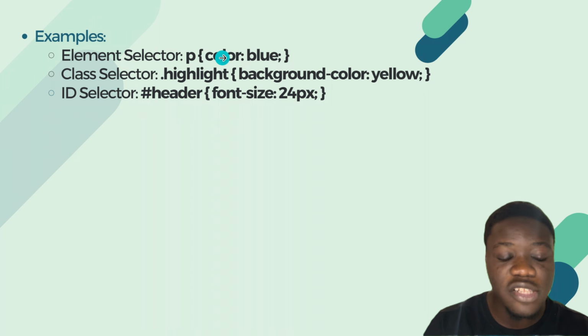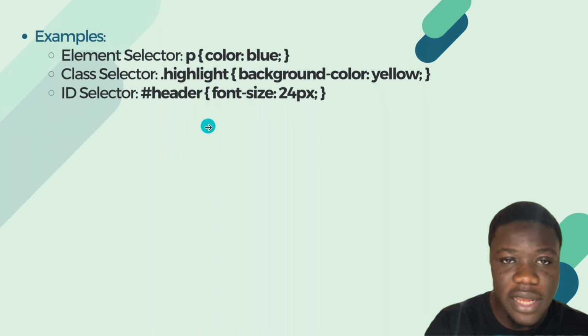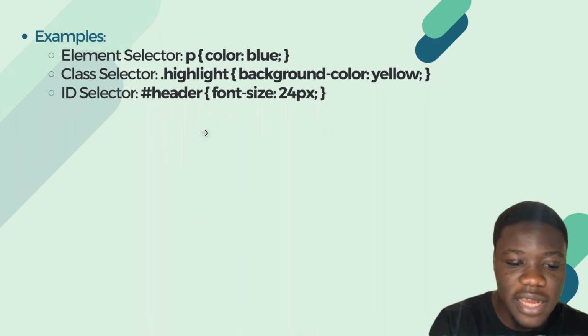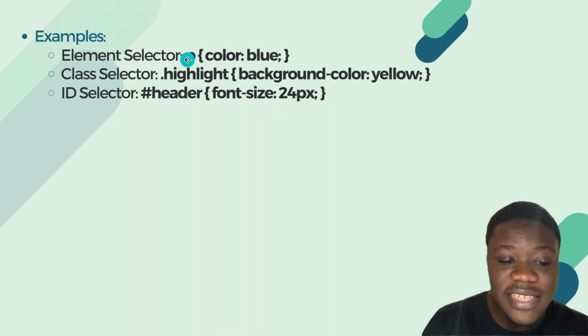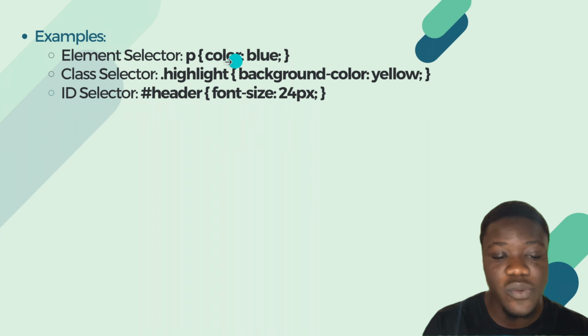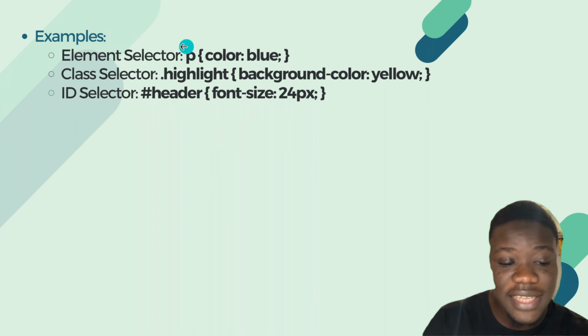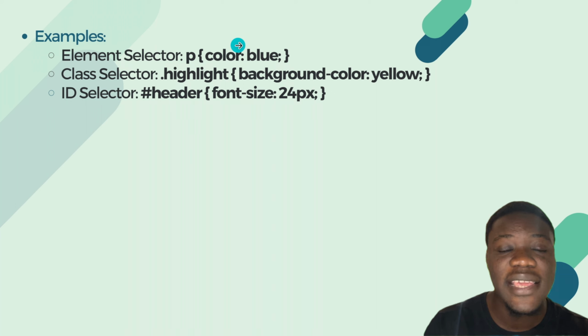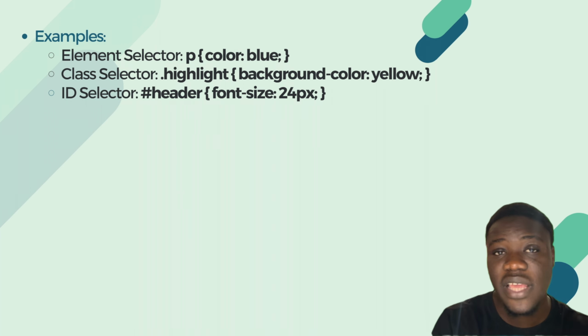In the element selector, we just call the name of the element, which is the p tag, the paragraph tag. So this is the p tag, which is our selector. This color is our property, while this is our value. This is how you declare an element selector.